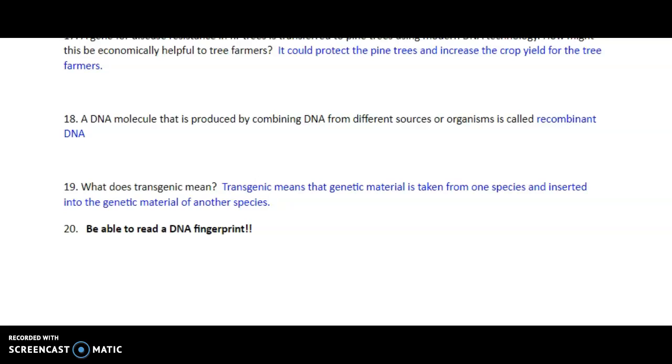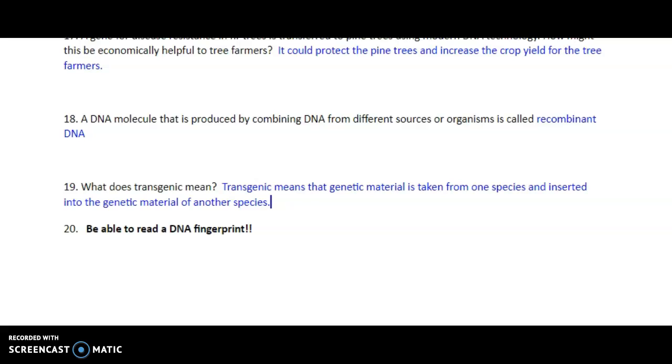That would be like taking the human insulin gene from humans and putting it into a bacterium, which is a whole other species. That would be transgenic. Or taking the cold weather gene from the fish and putting it into a tomato plant. We're going from a fish species to a tomato plant species. So that would be transgenic.